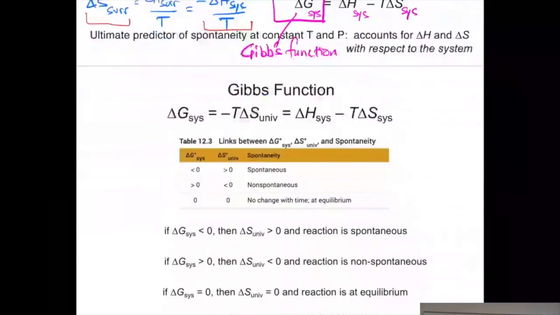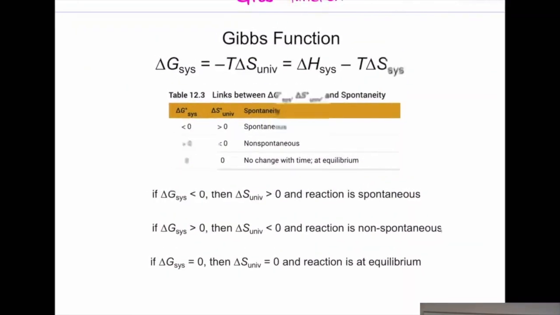So here it is again at the top of the next slide with a little table that just summarizes some of the conventions here. If we're talking about delta S of the universe, the second law tells us that for a spontaneous reaction, delta S is a positive number.